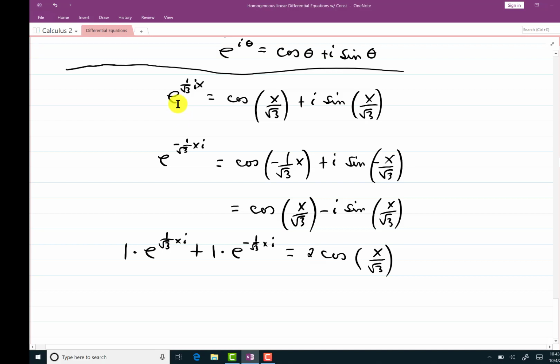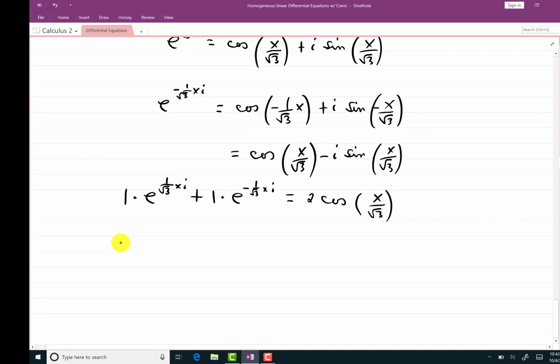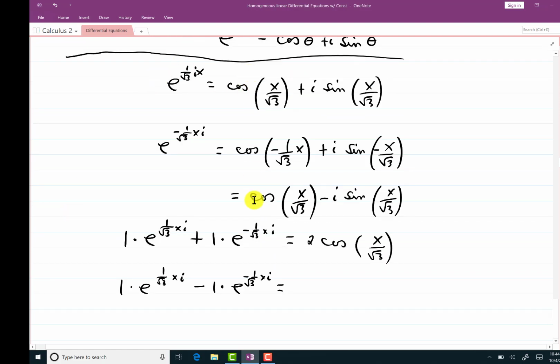Now, if I subtract the two things, and say I do 1 times e to the 1 over radical 3 xi minus 1 times e to the negative 1 over radical 3 xi, this time when I subtract them, the cosine will go away and I'll get 2i sine of x over radical 3.